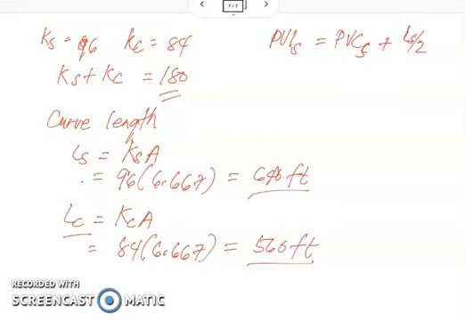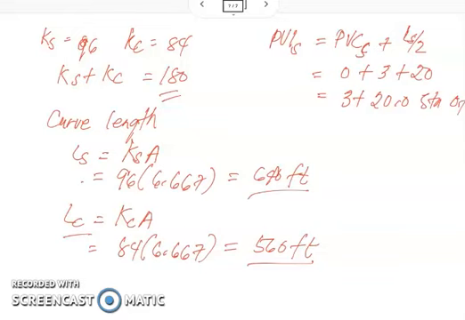So this will be equivalent to 0 plus 3 plus 20. So this gives us 3 plus 20.0. This is for the station of PVI for the sag vertical curve.